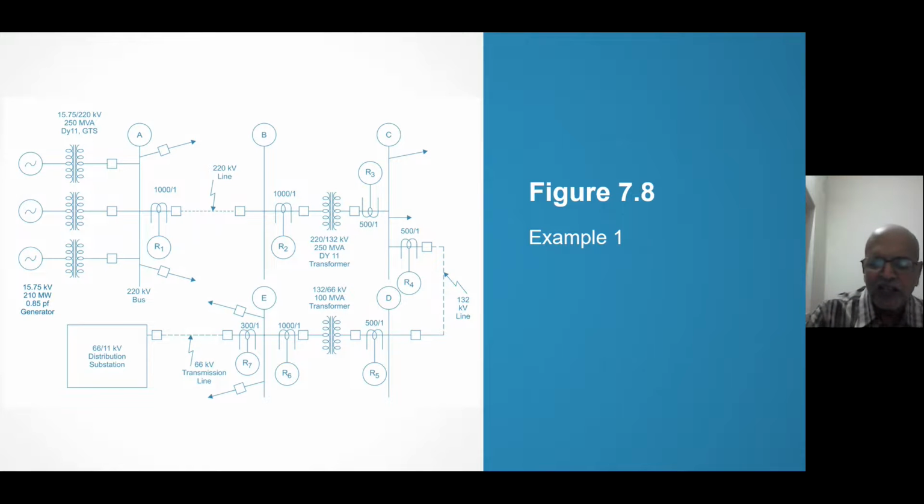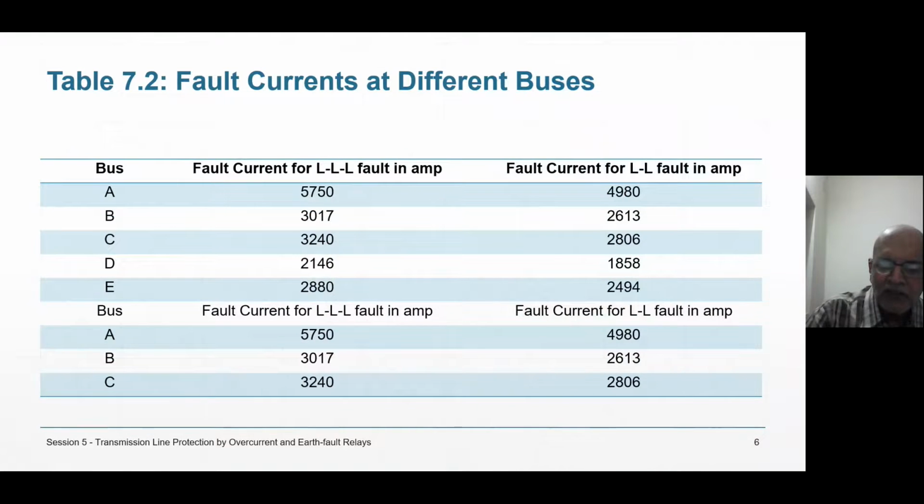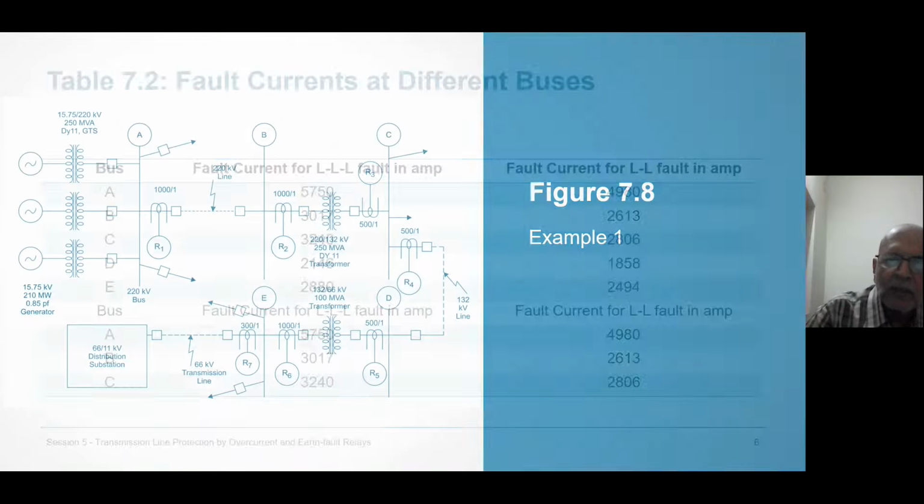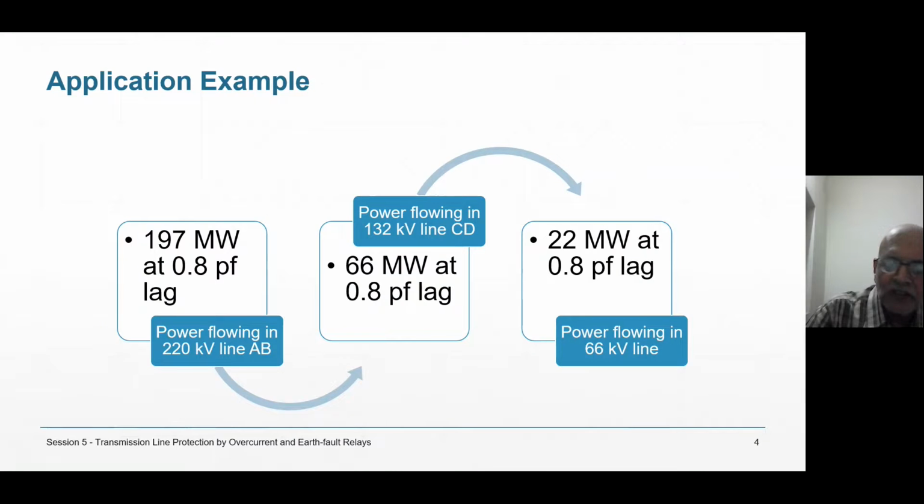So you have to consider that. The plug setting of R6 will be dependent on the maximum power transfer through the 132 kV line. What is the maximum power transfer? Let me check. It is 66 megawatt.